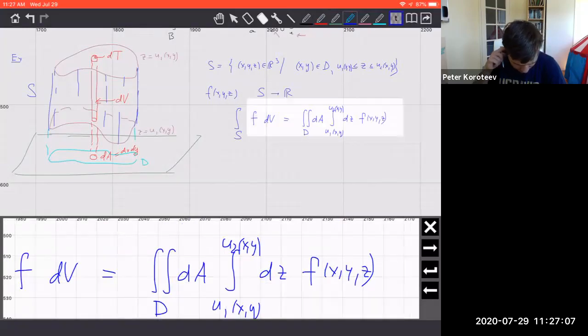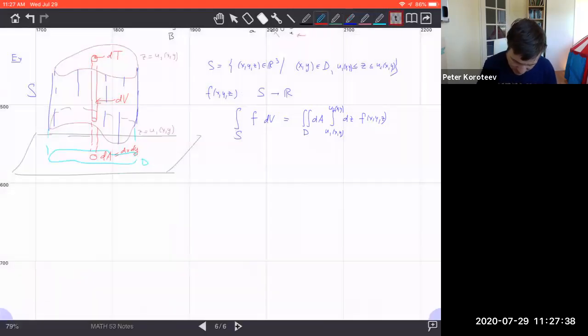After the z integral is done, we have a function of two variables, x and y, and that's the example that we already know: the double integral over the area. So that's the general formula, and then there's a simplification of that.